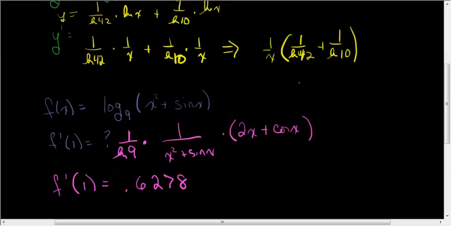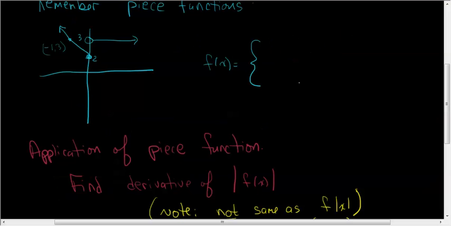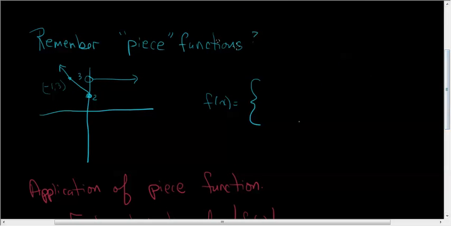Okay, all right, let's practice this. Now we need to practice the idea of the derivative of piecewise functions. Do you remember piecewise functions from advanced math? If we had this, the function was in two parts, right?